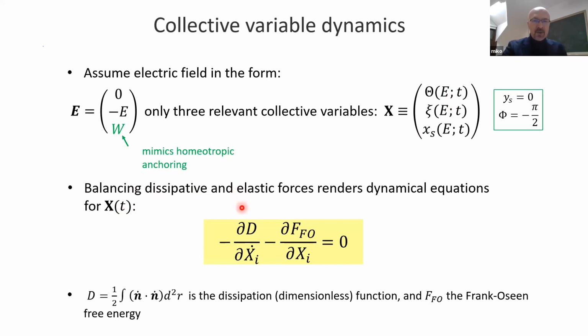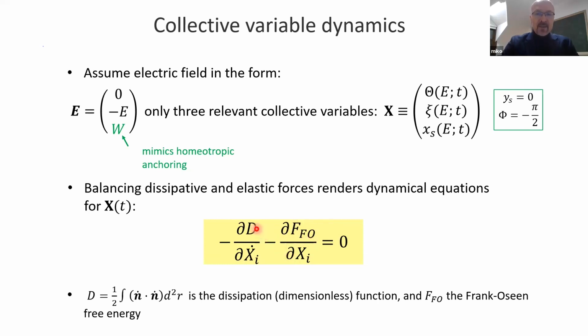So dissipation forces are given by the derivative of the dissipation function with respect to the rate of change of this coordinate. So this first derivative is just the dissipative force due to the reorientation dynamic of the electric field. The second derivative is just the elastic force, where F with sub FO is the Frank-Oseen elastic free energy. So what we need to do?